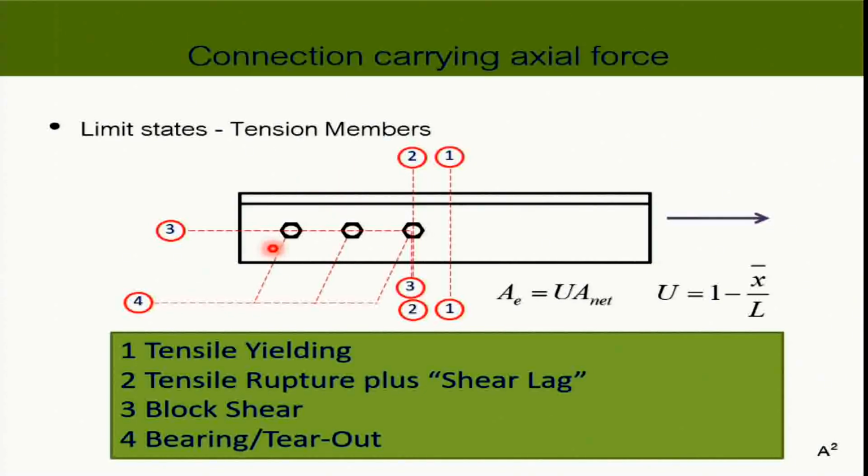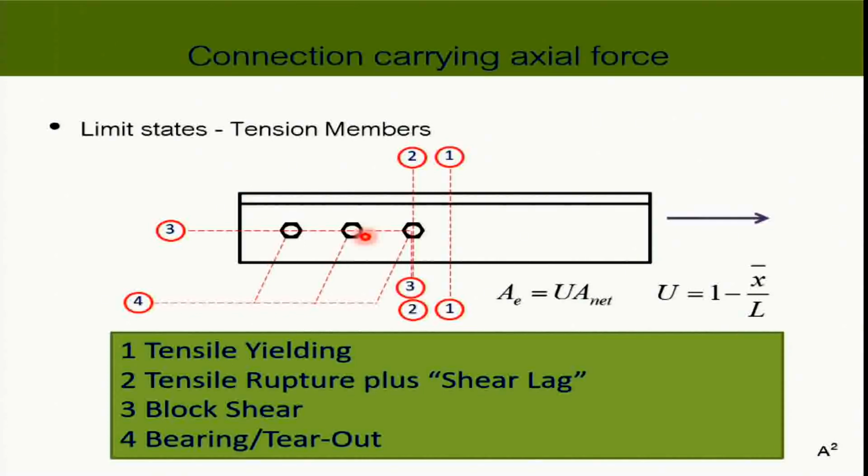If you want to know why, you need to draw a free body diagram of the member, and you will know. And then you can have block shear at section number 3, or bearing and tear out at each bolt hole, number 4. So that sums up the tension members.